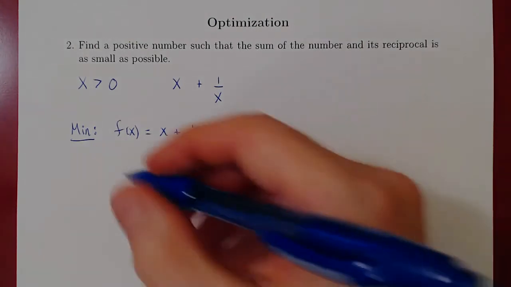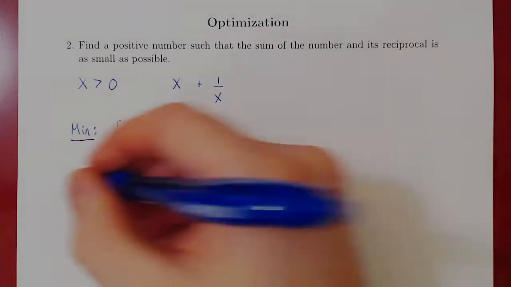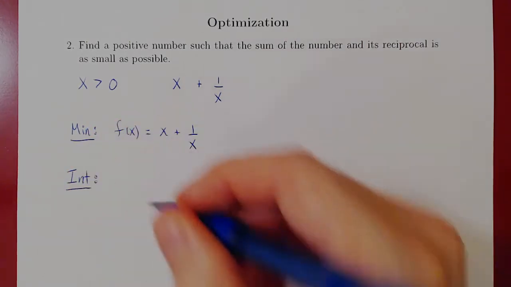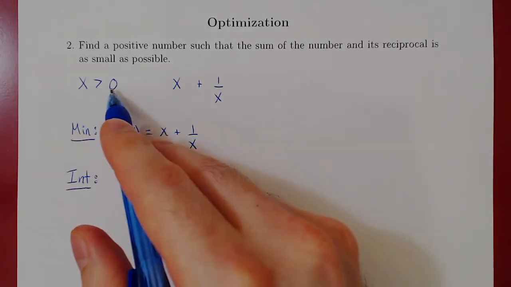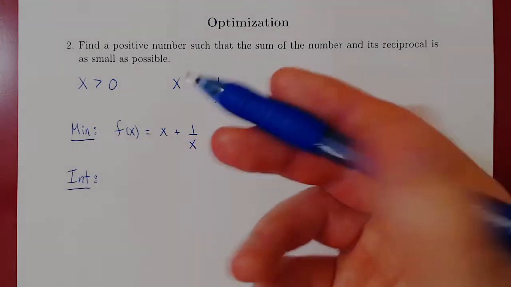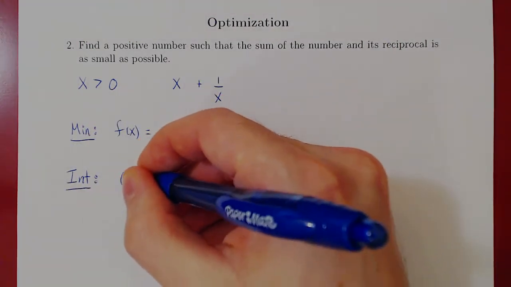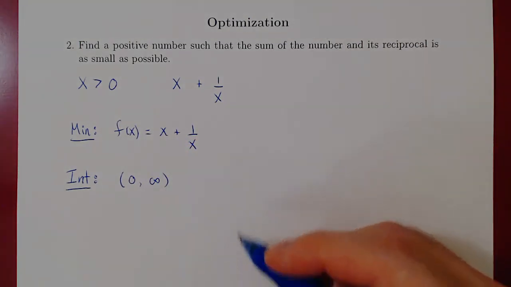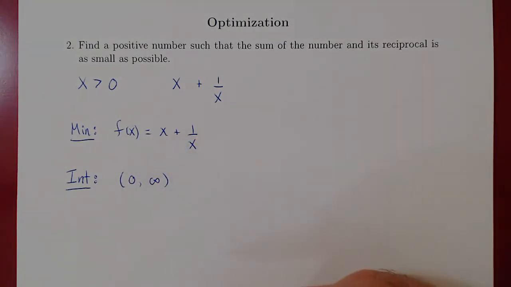And what is our interval for the x values? I'll write int for interval. Because x ranges from 0 to positive infinity, x being positive, our interval is from 0 to positive infinity. So that's the range of our x values.